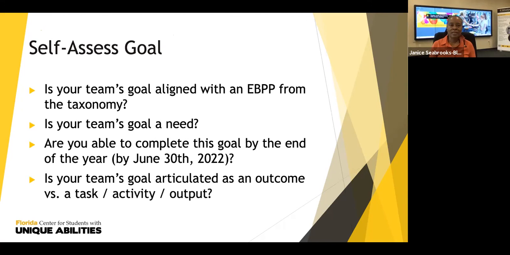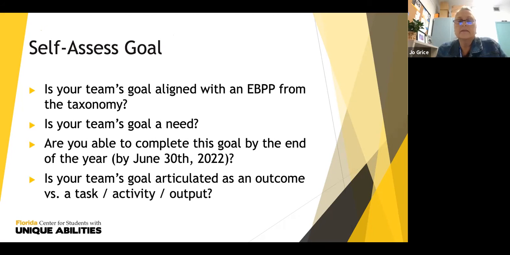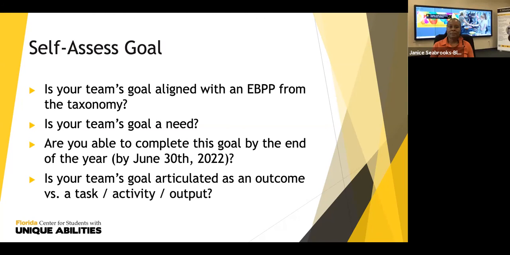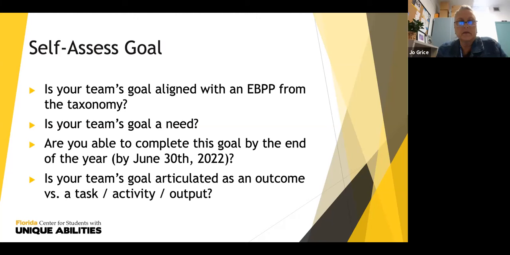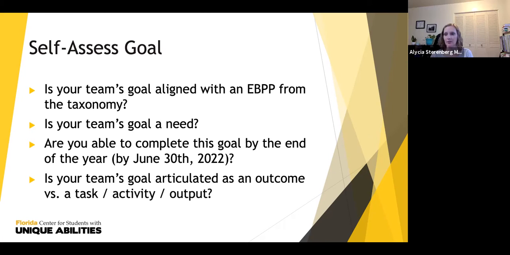it looks like you have self-determination, which is the evidence-based and promising practice. And it is aligned, right? Okay. And I think our goal is a need, and we will be able to complete it by June 30th. And I think it's articulated as an outcome versus a task. For sure. What did you think when you heard it? Yes, that's what I heard.